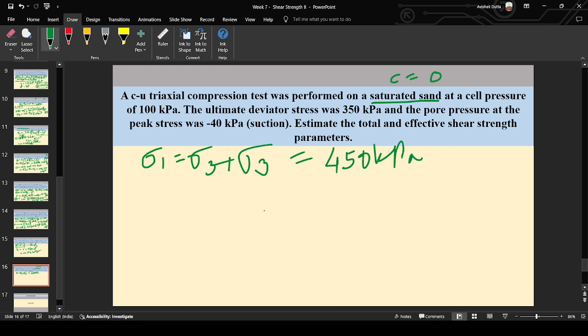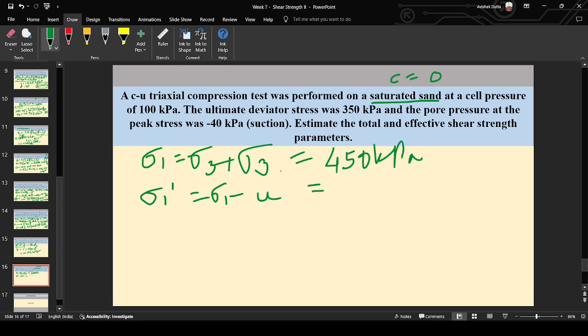Okay. Next, we have to find the total and effective shear strength parameters. In the shear strength parameters, we have two values, namely cohesion and angle of internal friction. For a saturated sand, the cohesion equals 0. So we have to find two values, effective angle of friction and total angle of friction. Here we first find sigma 1 dash, sigma 1 minus u.